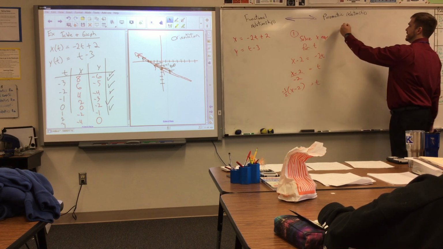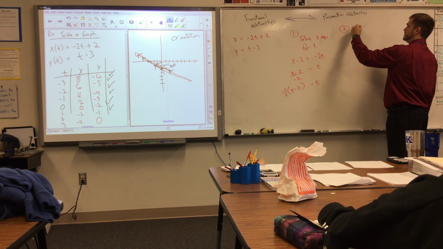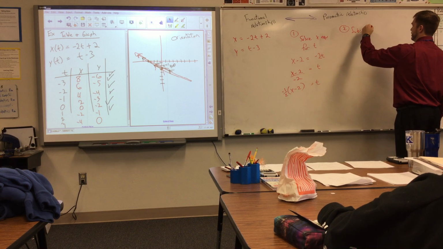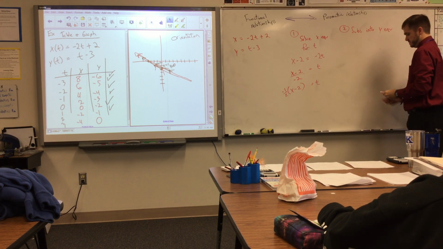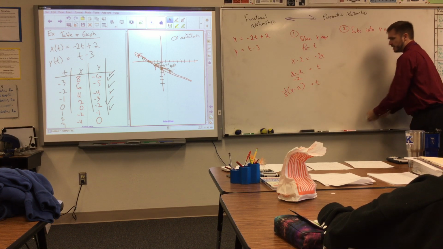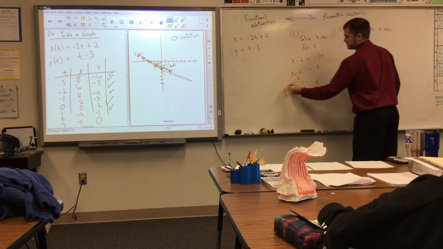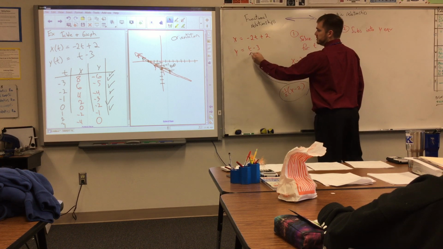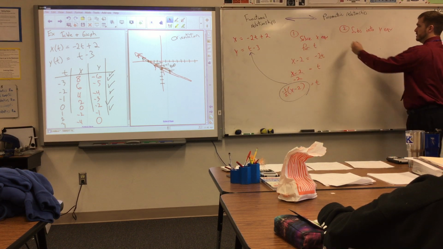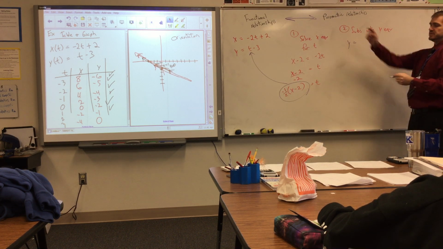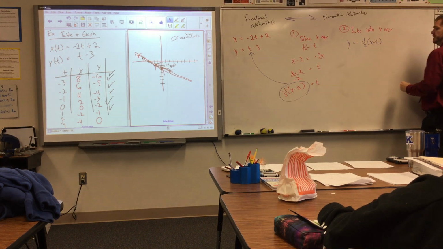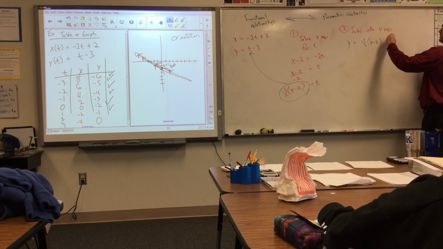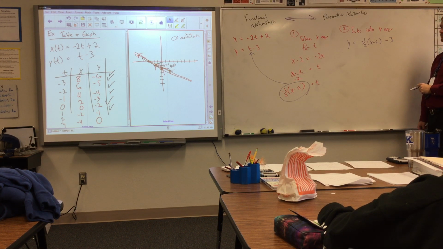All right, step number 2, substitute that into the y equation. That is, I'm going to take this negative 1/2 times x minus 2 and substitute it into the y equals. So y equals, instead of saying t, negative 1/2 times x minus 2, minus 3.